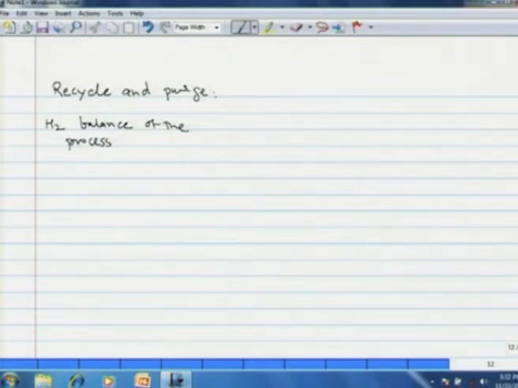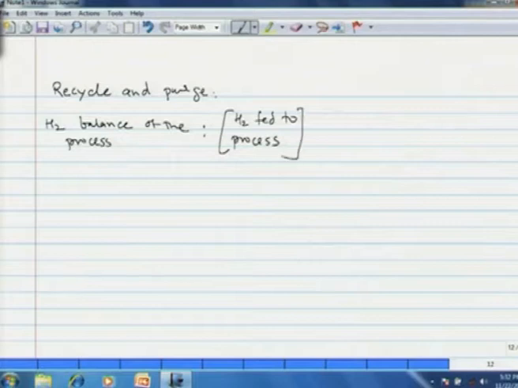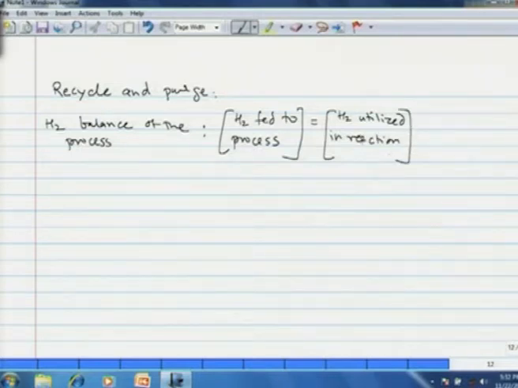Okay. So, the total hydrogen that is fed to the process is equal to the hydrogen utilized in the first reaction, and then the hydrogen that is generated in the process.